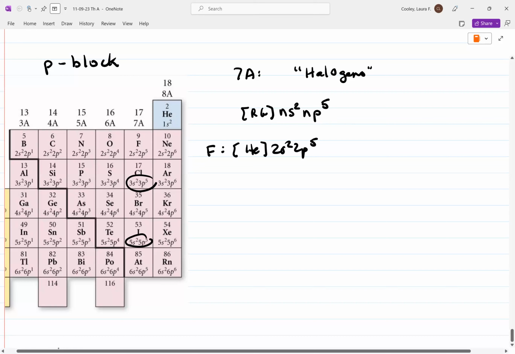Now, what happens to fluorine? Well, it needs 1 electron to have a filled shell. Sorry, I said 2 at first, but it needs 1 electron. It ends up being fluorine with a negative charge, helium 2s2, 2p6, which is actually neon.